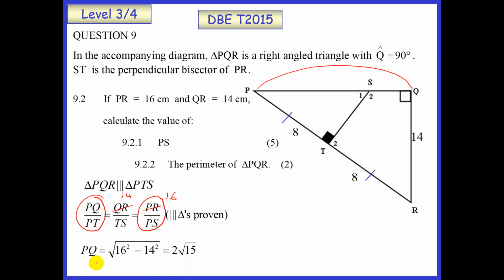PQ squared is equal to 16 squared, that's your hypotenuse, minus 14 squared, which gives you PQ equal to the square root, and I've indicated that down for you here, which is equal to 2 root 15. So we know PQ is equal to 2 root 15.